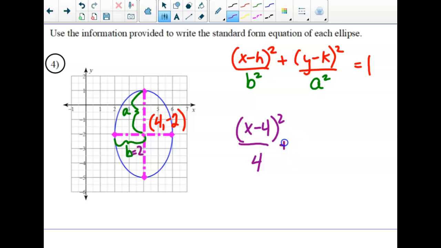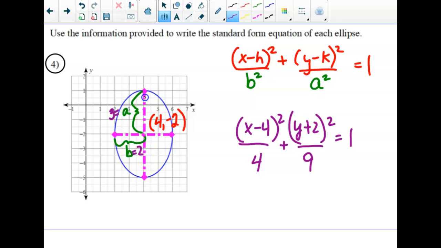Corbin, did you try the Y part yet? 1, 2, 3. A is 3. So this would be over a 9 because it's A squared and a Y plus 2. Nicely done. Equals 1. Everybody good? Not too bad on that one?